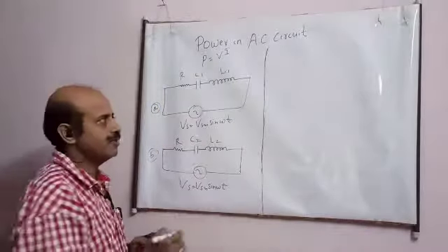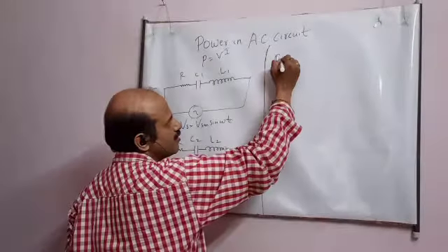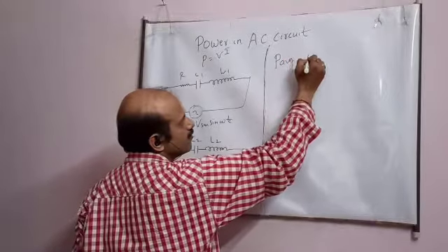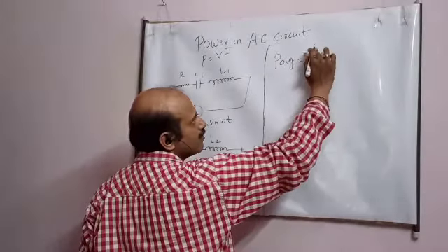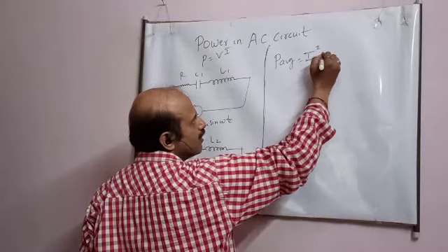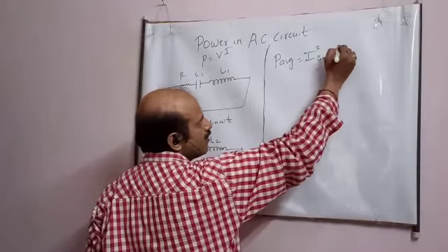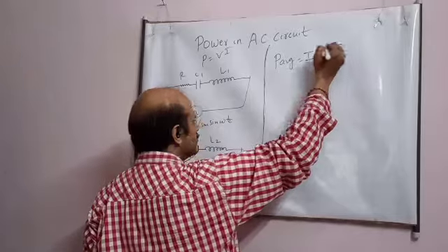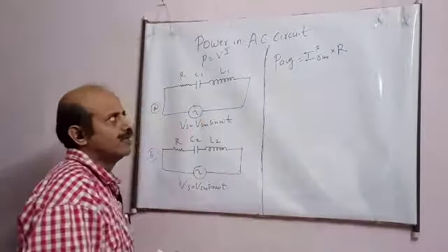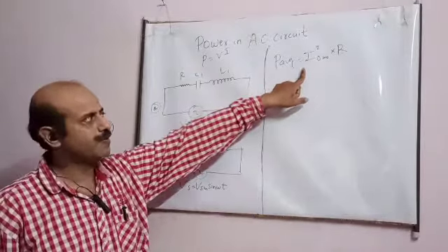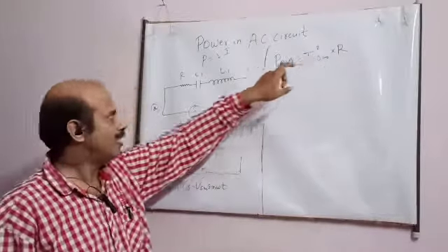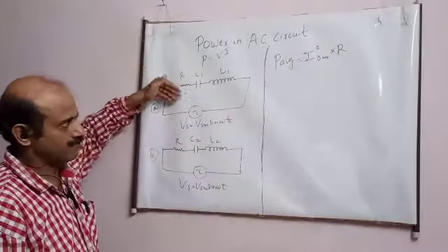Just now, student, we have seen one formula of average power: I square RMS into R. If you see from this formula, in average power R is coming, and in both the circuits R is same.